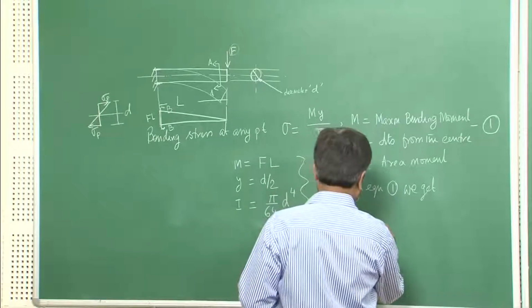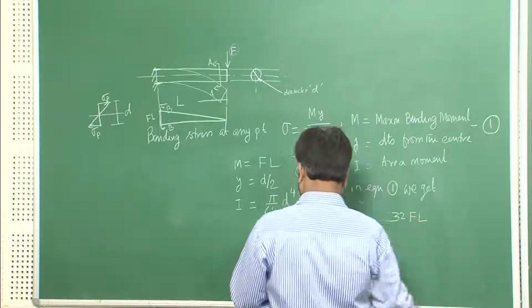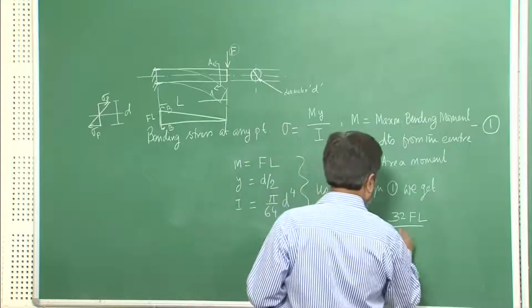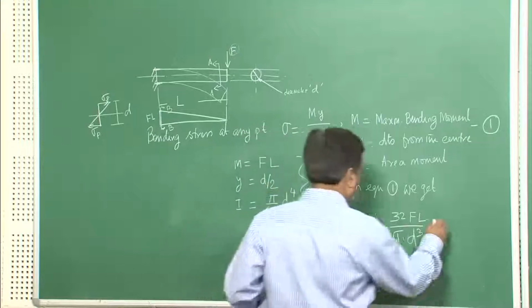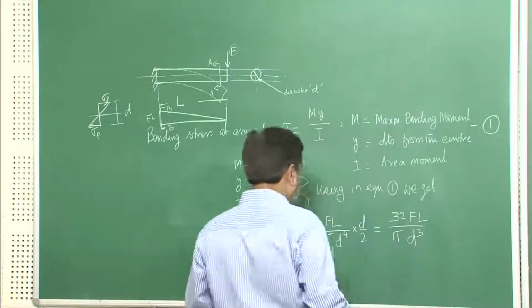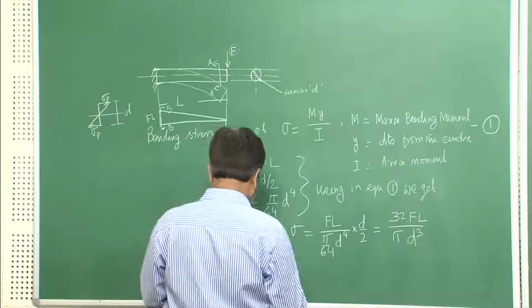That will come out to be 32 FL by pi d cube. That is the stress versus d relationship.